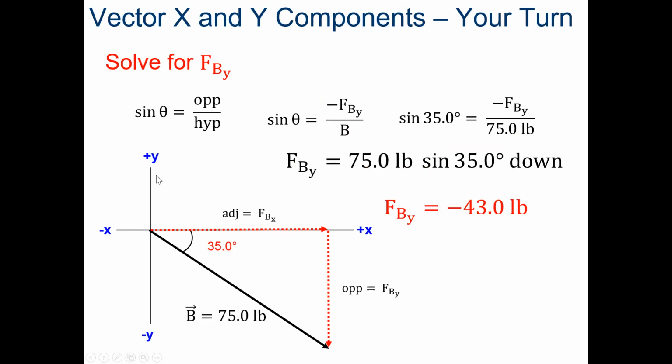Notice that our opposite side, component force BY, is going down, so that will be negative. So force BY is negative, and our final result will be negative 43 pounds.